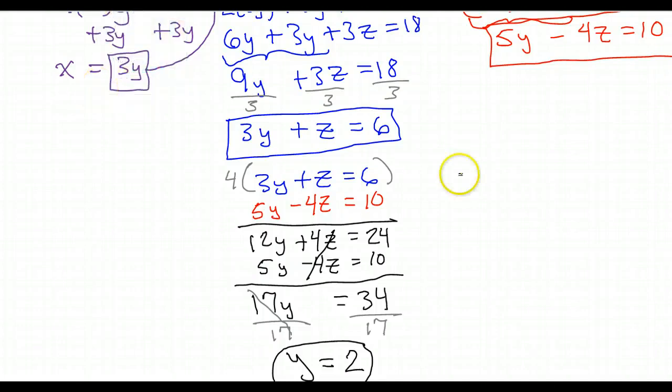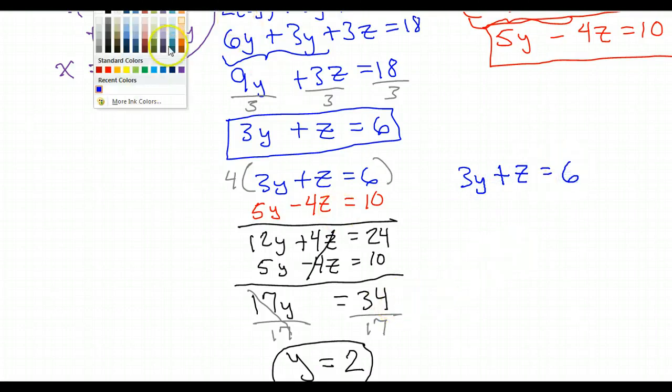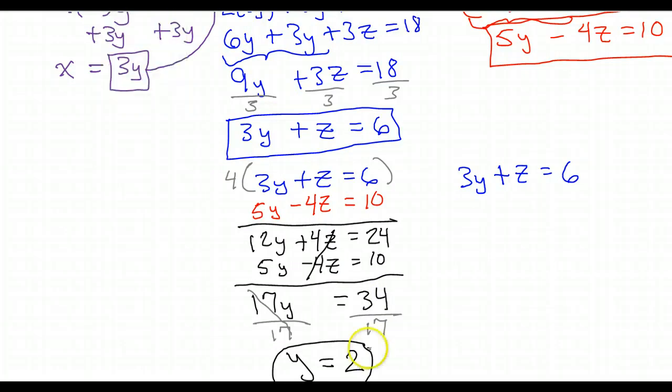And I'm going to recopy it because it helps me stay organized. So the blue equation is 3y plus z is equal to 6. But I'm going to take this y value of 2 and I'm going to plug it in like so.